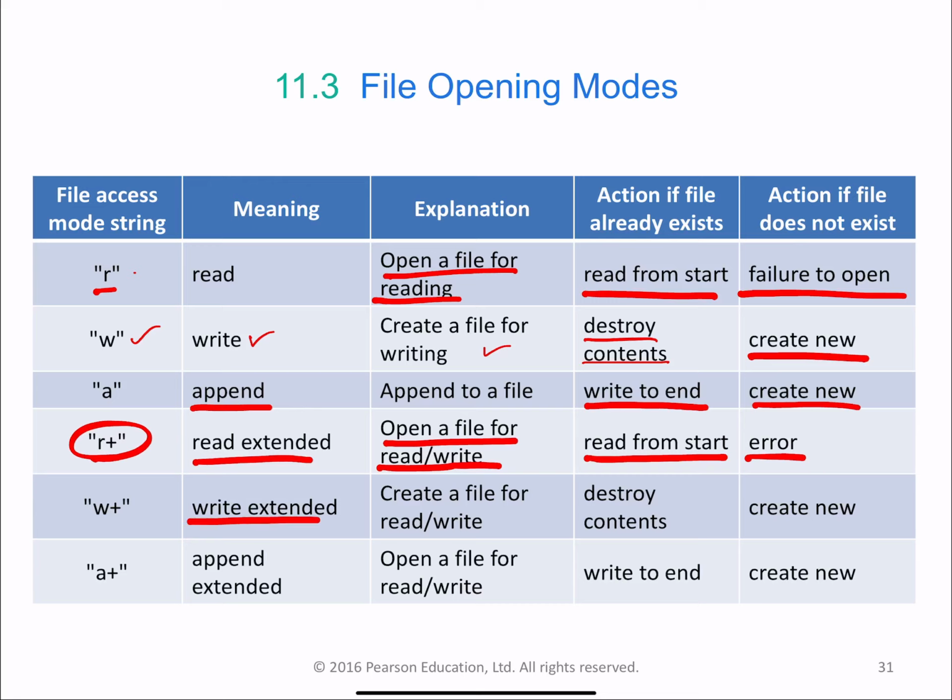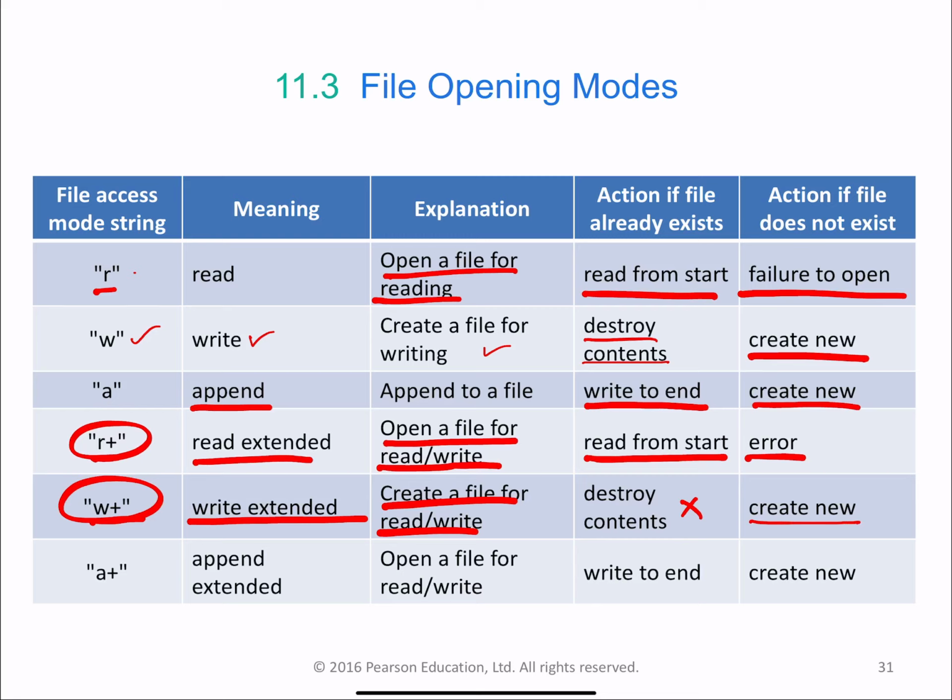Then we have the write extended mode, w+. This one creates a file for reading and writing. Whatever is already in the file, if it already exists, is destroyed, deleted. And if the file doesn't already exist, it'll create it.